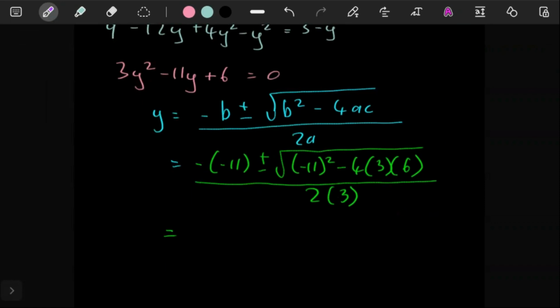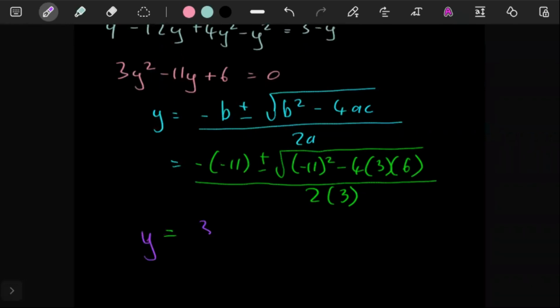So let's see what happens if you put all this into the calculator. You're going to put your fraction button, 11 plus the square root of -11 squared minus 4ac, the whole thing over 2a. Okay, that's interesting. We're getting a y value of 3. y is equal to 3.